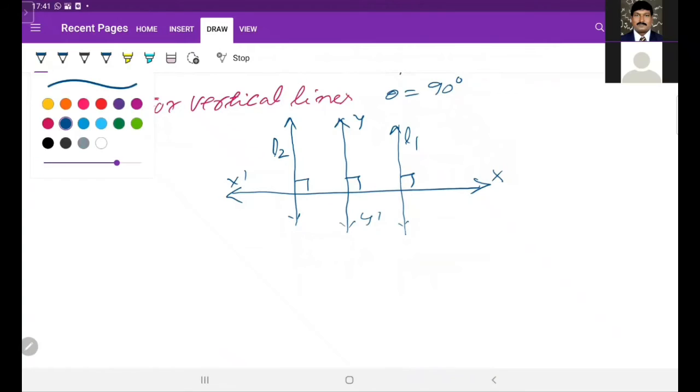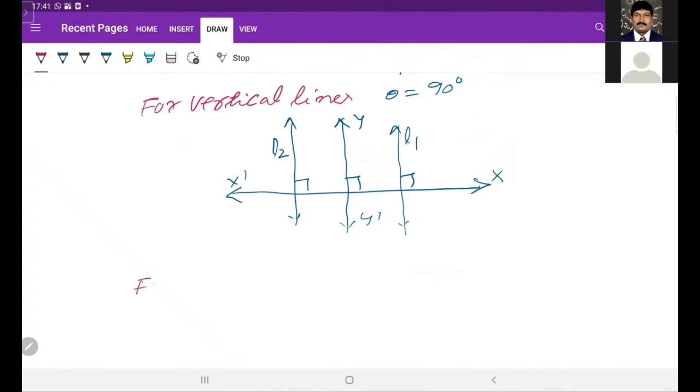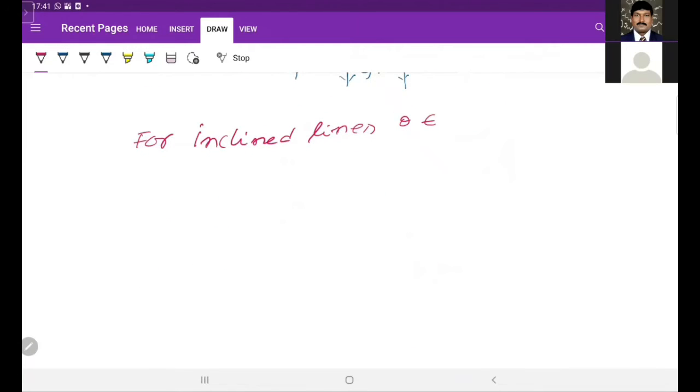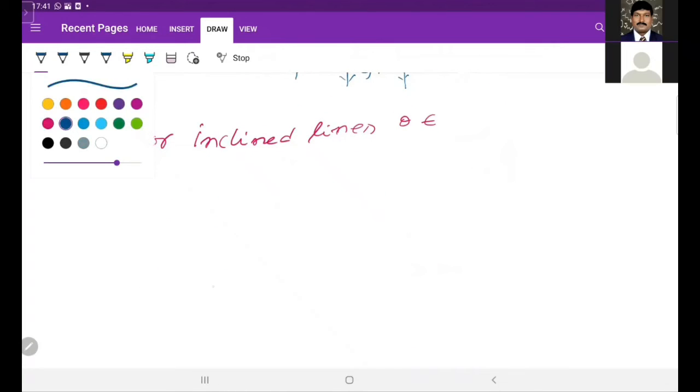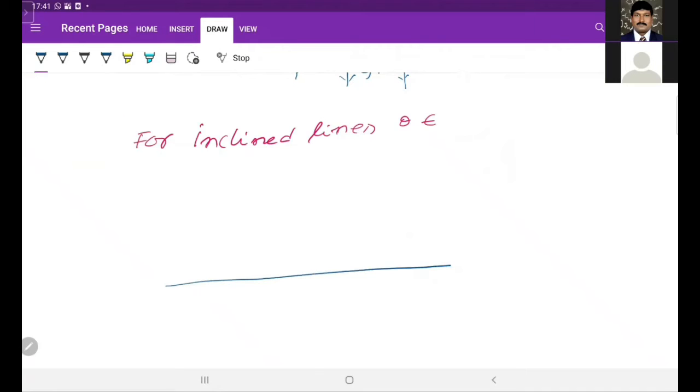Next, for inclined lines, what does theta belong to? The graph: x, x dash, y, y dash, and the origin.